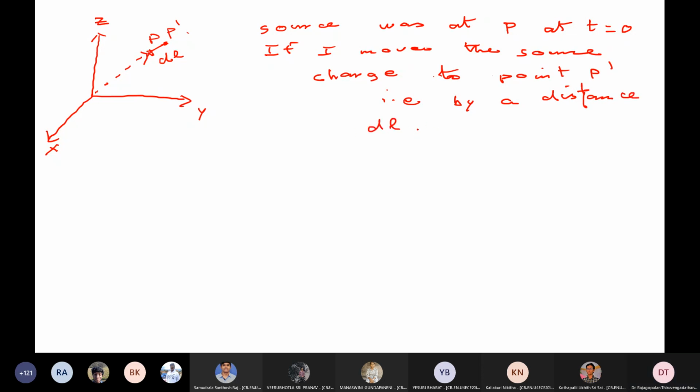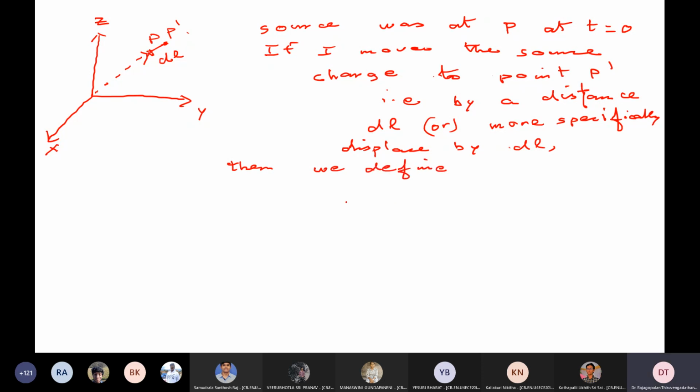Or more specifically displacement, because we are talking about vectors, we will rather use the vector notation, displaced by dl.